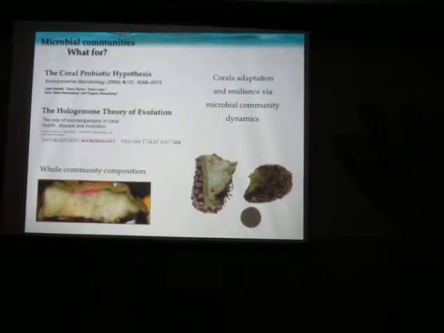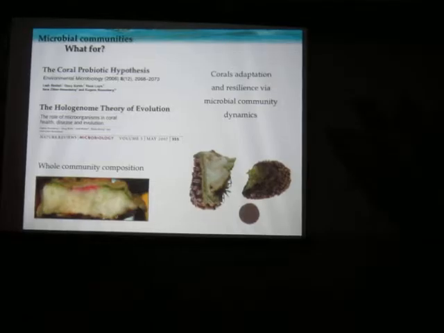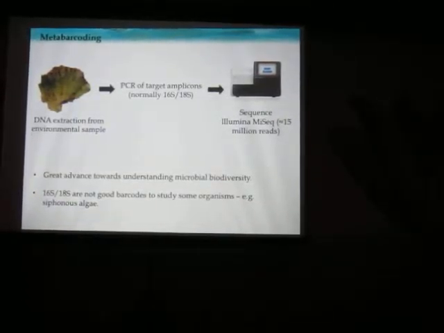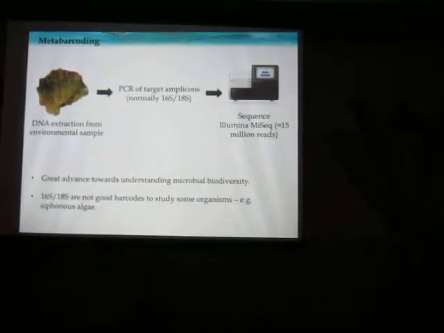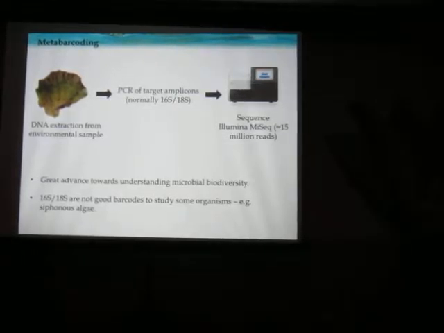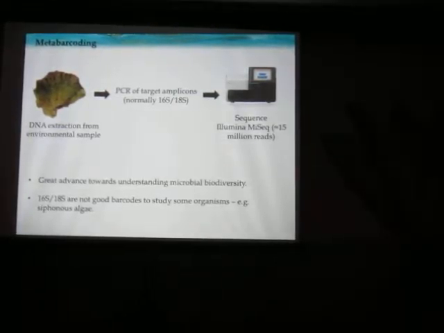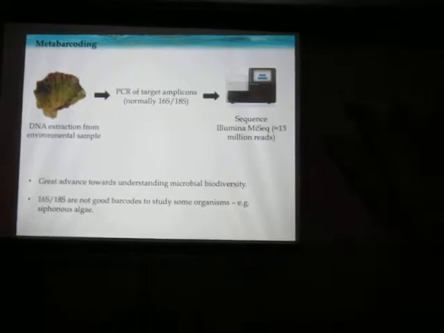But nowadays, the most convenient way to study these communities is to use environmental sequencing or metabarcoding. With metabarcoding, we get a huge amount of sequences directly from environmental samples, so there is no need to isolate and culture the samples anymore. We just get a piece of skeleton and do PCR amplification.